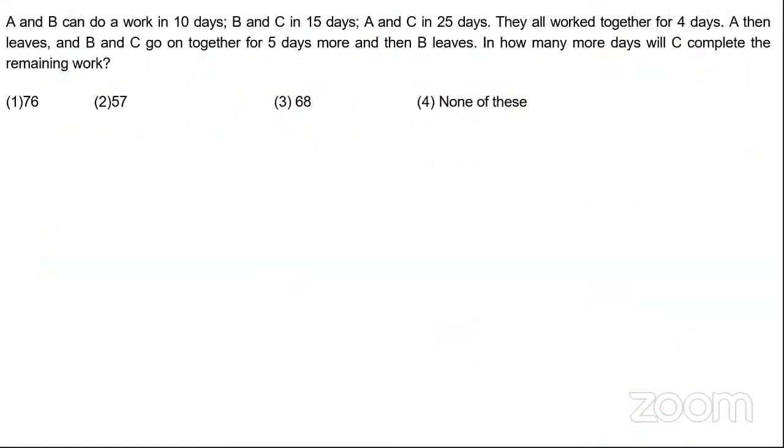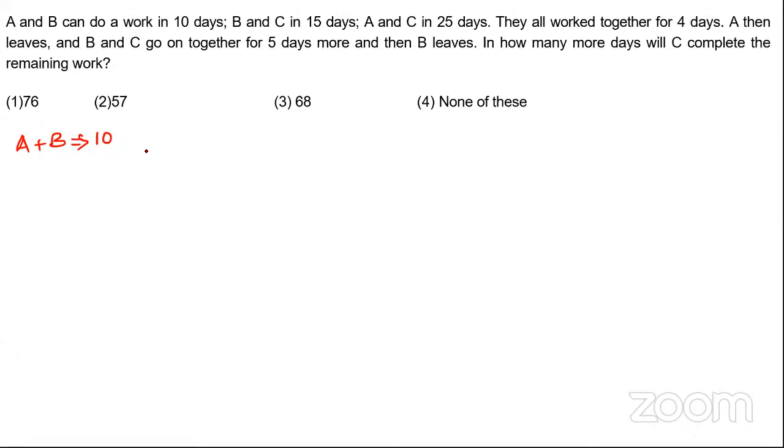So this is your question, guys. A and B can do work in 10 days. So first and foremost, identify the way I'm going to write, because it's also important how we take or understand information. A and B can do a work in 10 days.